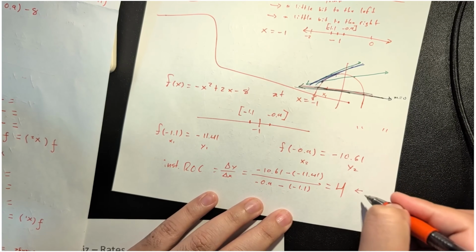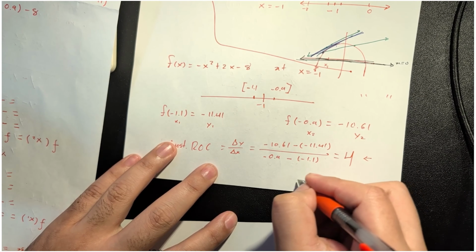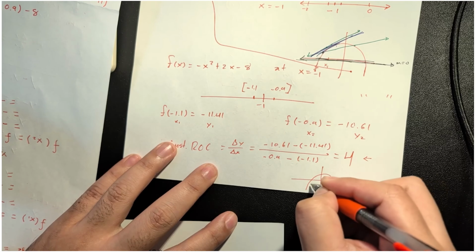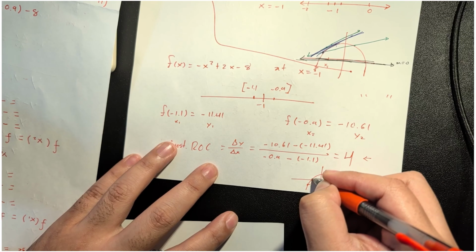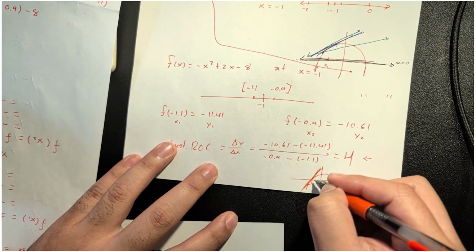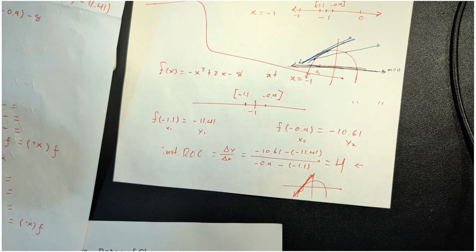So this means this is my instantaneous rate of change at this point. It's going to be 4, so we're going to go 4 up, so it's going to look something like this.